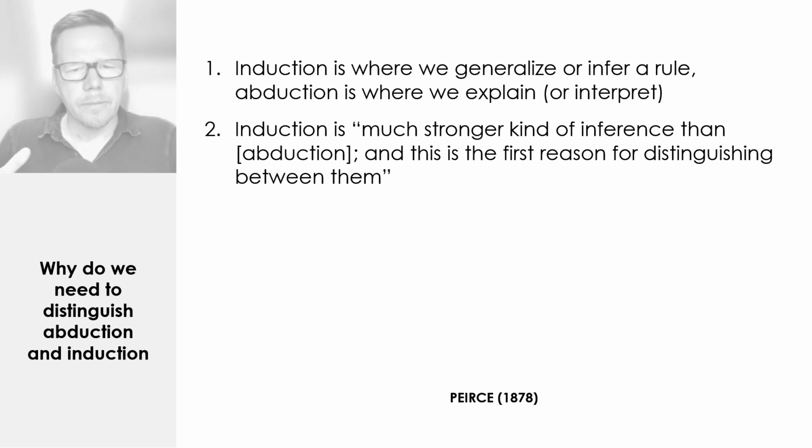And in scientific work, I think that if we are going to be biased in our processes of reasoning, we should be biased toward being more conservative. But as you can see, this works in just the opposite direction. We assume that something that's weaker is actually stronger. So this is, again, why the distinction is important. And Peirce offered this as the first reason why we need to make the distinction.